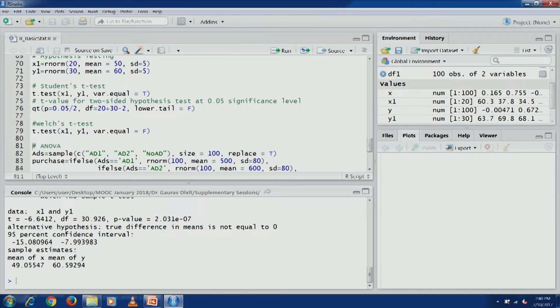This particular t statistic, minus 6.6412, is less than that. Therefore, the null hypothesis has to be rejected.